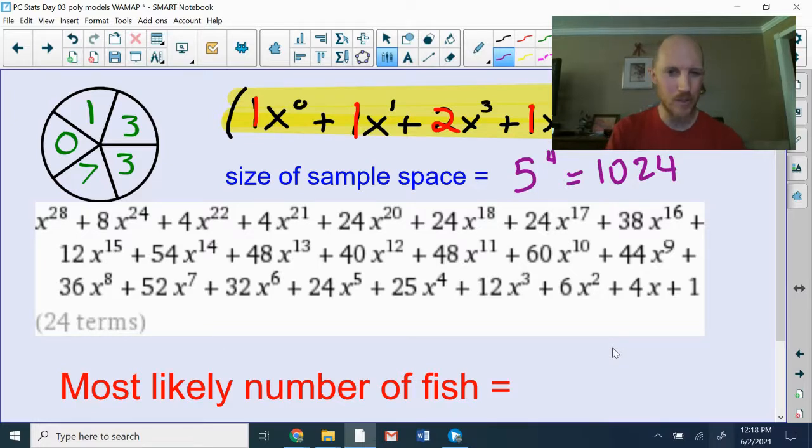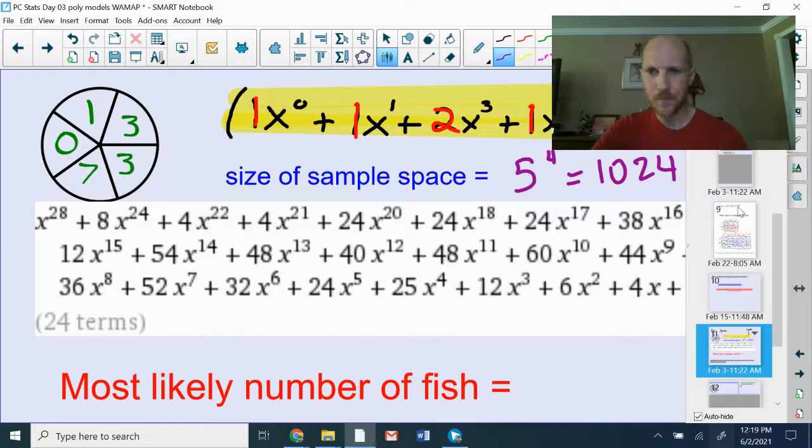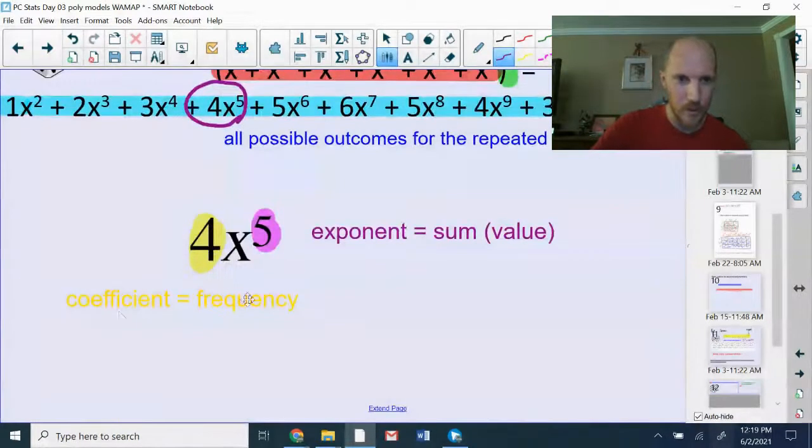Well, most likely means it's going to happen a lot, right? Happening a lot means it would have a high frequency. Frequency is the word that describes how often something happens. So whatever's got the biggest frequency will be most likely. Where do we find frequency? I wrote down where to find frequency someplace right there.